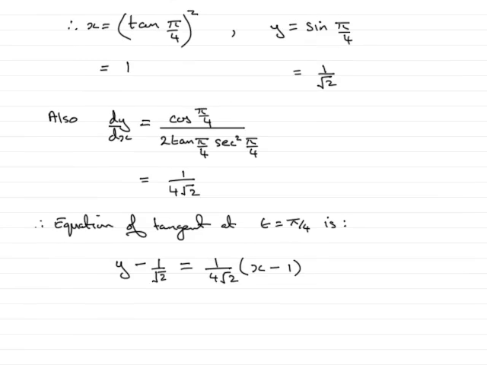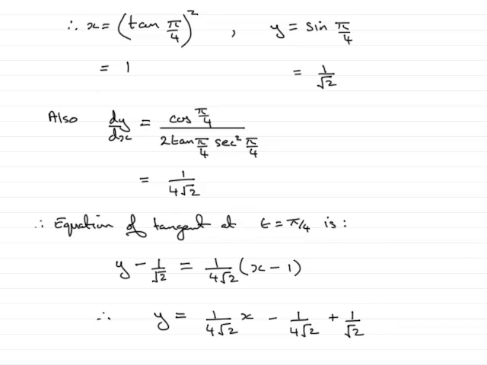So if I do that, we would have y equals, expanding this bracket gives me 1 over 4 root 2 x, and then 1 over 4 root 2 multiplied by the minus 1 is minus 1 over 4 root 2, and I'm adding 1 over root 2 to both sides, so we have adding 1 over root 2.